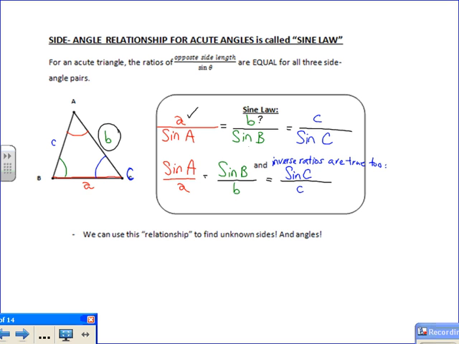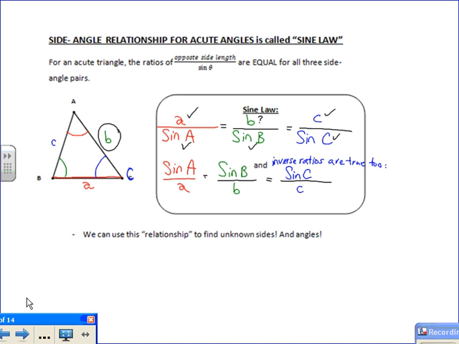I need to know the angle B, and another angle A if I know side length A. Or it's also true if I knew C and the sine of C, I could set those two ratios equal and solve for B. So I need to know 2 out of 3 pieces of information in order to use sine law.